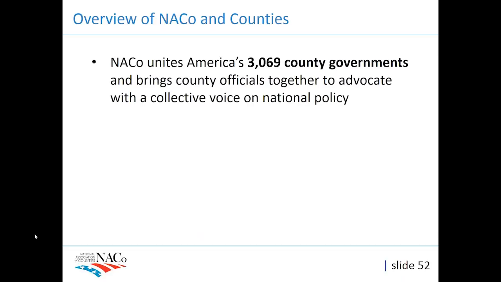The other half of the population lives in much smaller counties. About 2/3 of all counties have populations below 50,000 people. So there are various sized counties, and as many of you who work in city or county government know, all local governments are slightly different, but there are some commonalities.